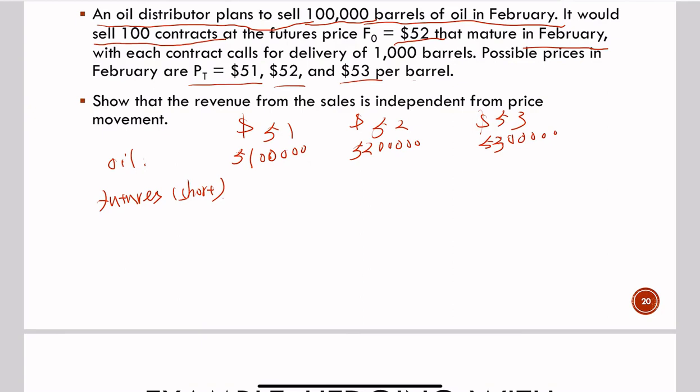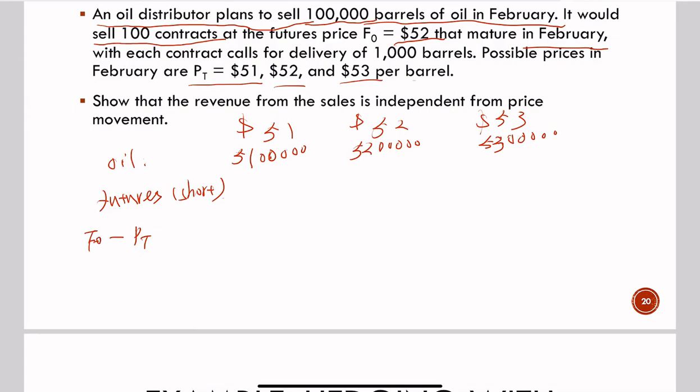Well, we know that if you're taking a short position in futures, your profit would be given by F0 minus PT. That is your initial futures price minus the final date spot price on this delivery date. So here, if it's 51, then you will get a profit, right?